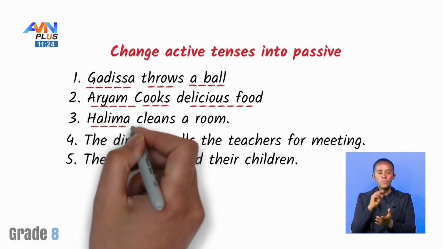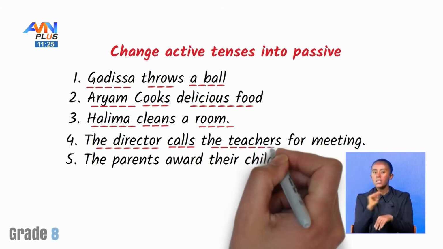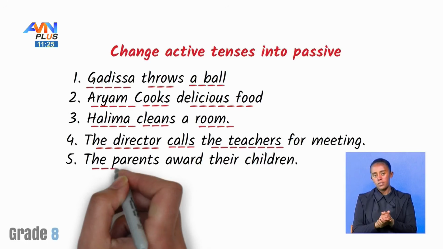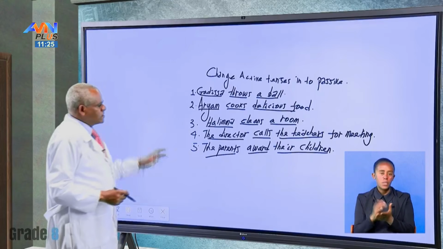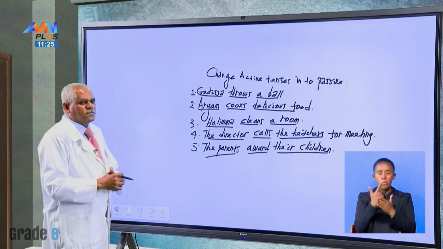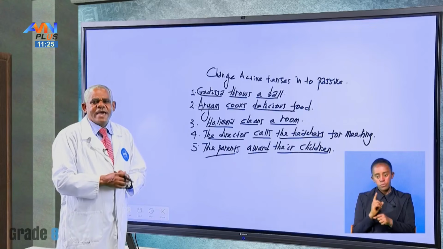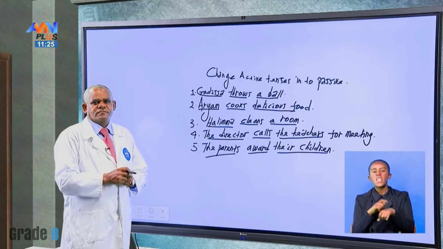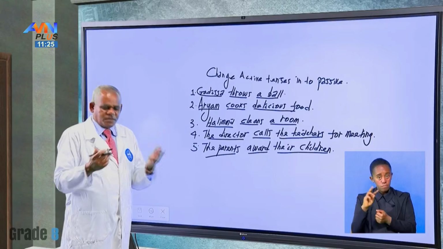Halima is the subject, cleans is a verb, and a room is an object. The director calls the teachers. The parents award their children. These are the objects. Therefore, all these are talking about the doer of the action. In short, they are active tenses. Shall we go to change into passive form? Good. Let me give you some time.